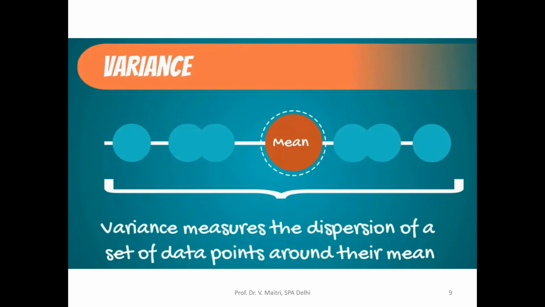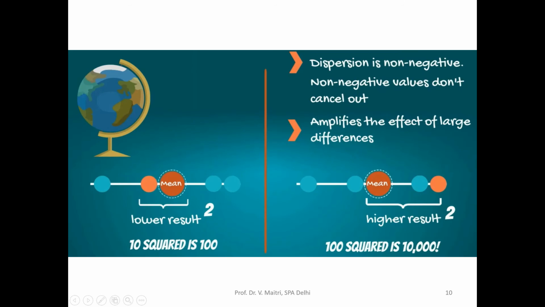We know that variance is a measure of dispersion of a set of data points around their mean. All the values are supposed to vary around the mean. Dispersion is non-negative, and non-negative values don't cancel out.